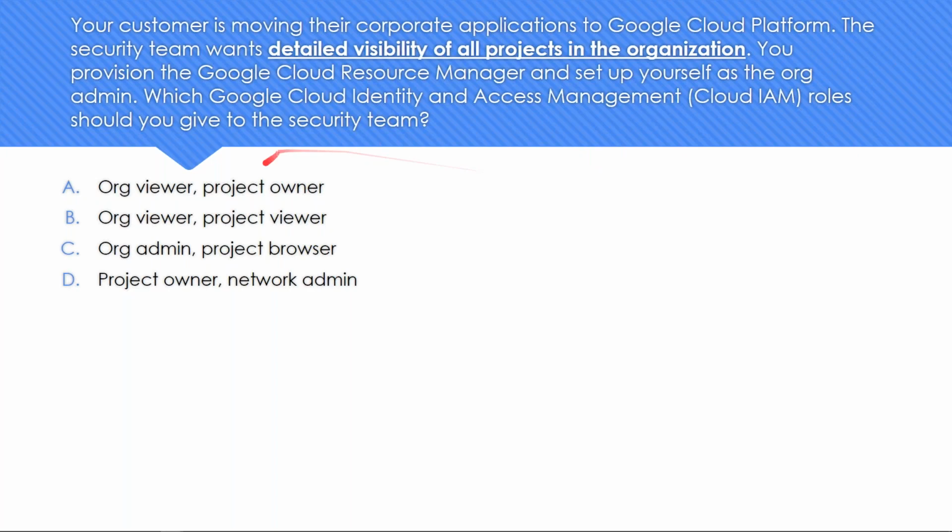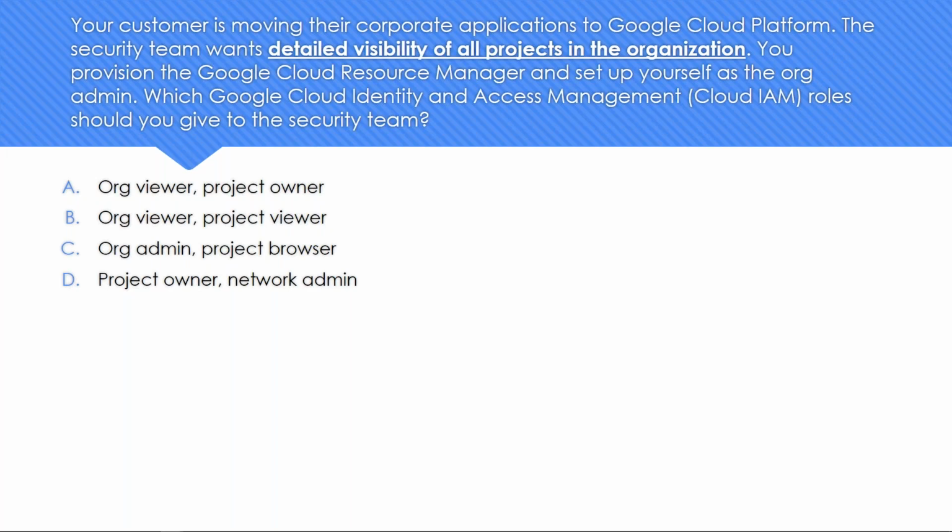So first option, org viewer. Before going into this, the question you need to understand a little clearly. It is about a security team. What does a security team do, folks? They check whether all the best practices have been used. Is there anything which is open to the internet, any vulnerabilities, all those things is what they are going to see.